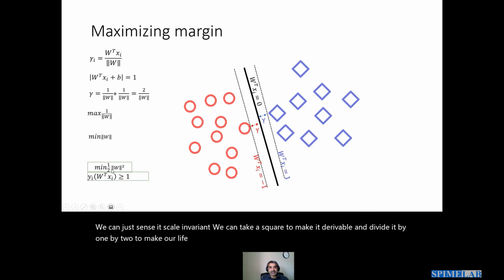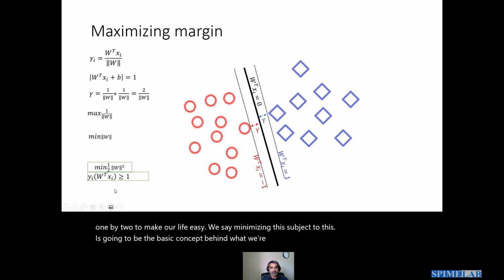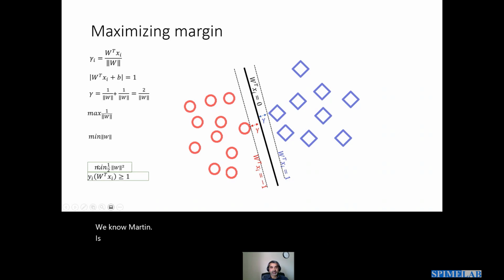We say minimizing this subject to this is going to be the basic concept behind what we are going to do today. So not only are we classifying, but also taking care of the margin. We are minimizing the norm of W to maximize the margin as well as classify things correctly.